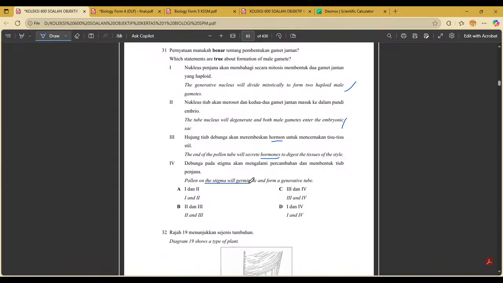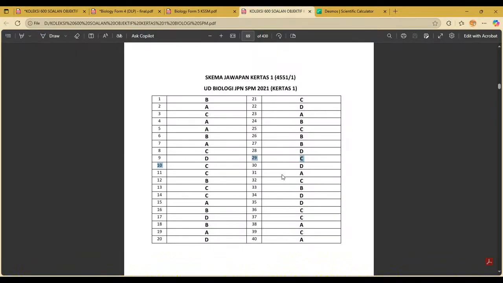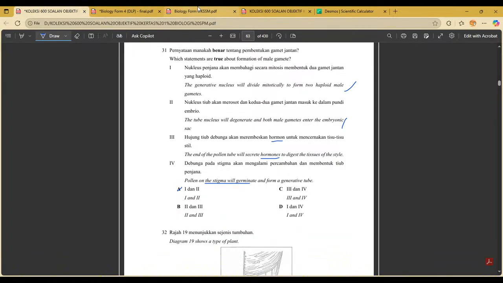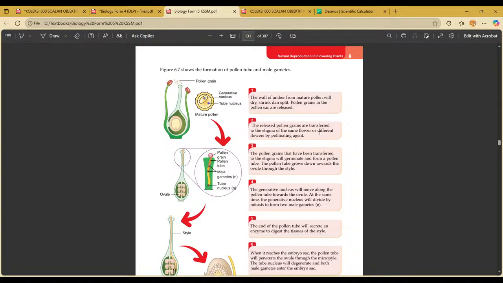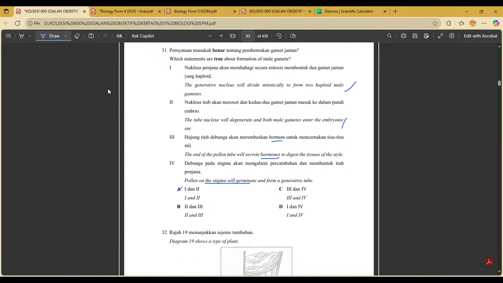I think 31 is key. Yeah, it doesn't germinate on the generative tube. Pollen tube. Yeah, pollen tube, generative tube.